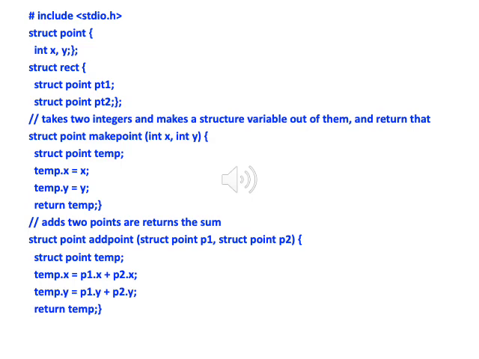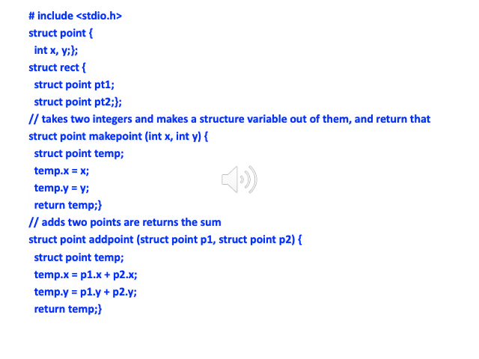Now we'll discuss a family of functions which perform certain operations on them. The first function that we have is called make point. Let's look at that. What is this function doing?